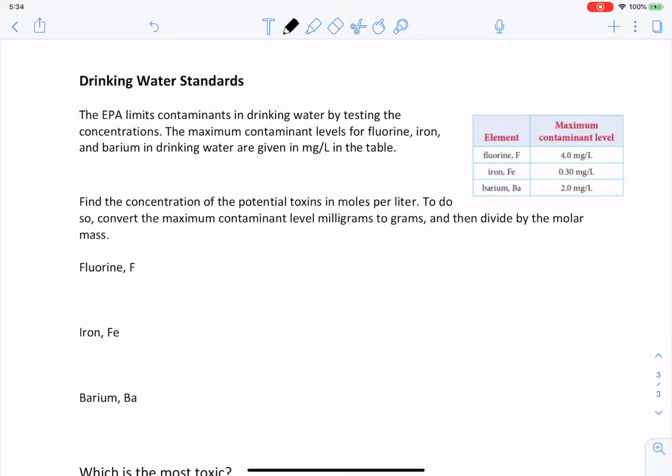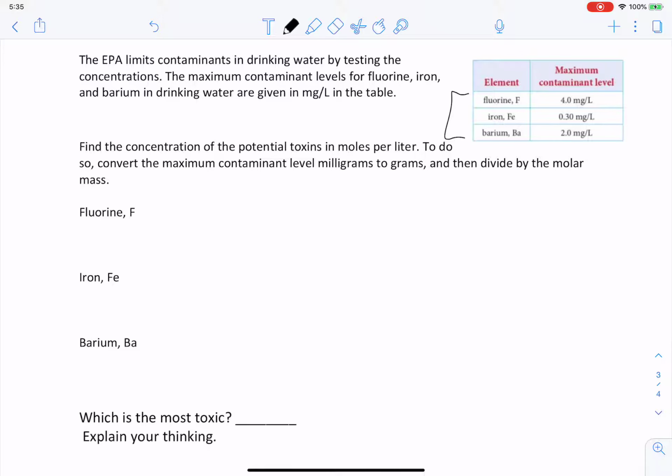So looking at this, we're looking at the maximum contaminant levels for fluorine, iron, and barium in drinking water. And they're given some data here for the 3 problems. And so we basically want to find out which one is the most toxic.